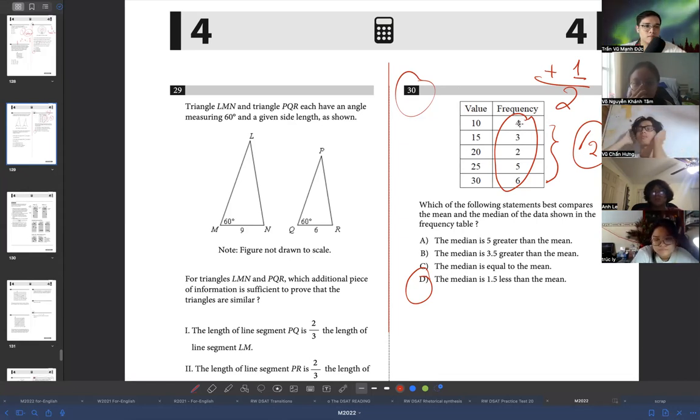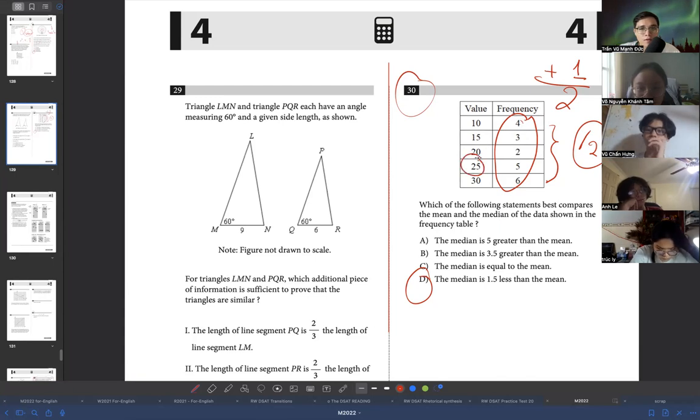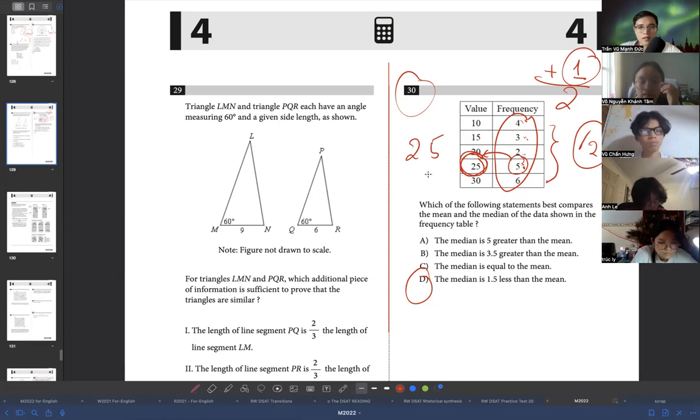The 10th number is 25, right? So this is 4, 6, 7, 8, 9, 10, and 11. So 10 and 11 are both within this frequency range and this value range. So they are both 25s. So essentially the median doesn't change when you plus 1 or minus 1, but sometimes it will. So be careful. And 25 is the median.